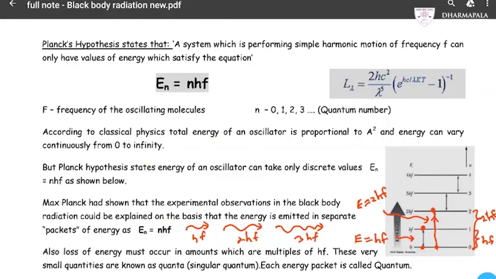But in the classical wave, we didn't consider the wave moving in discrete amounts. We just said the wave moves in a continuous way, and any energy value can be there. This is the classical wave, and nowadays it's not the actual status. This is the one that we are going to describe.